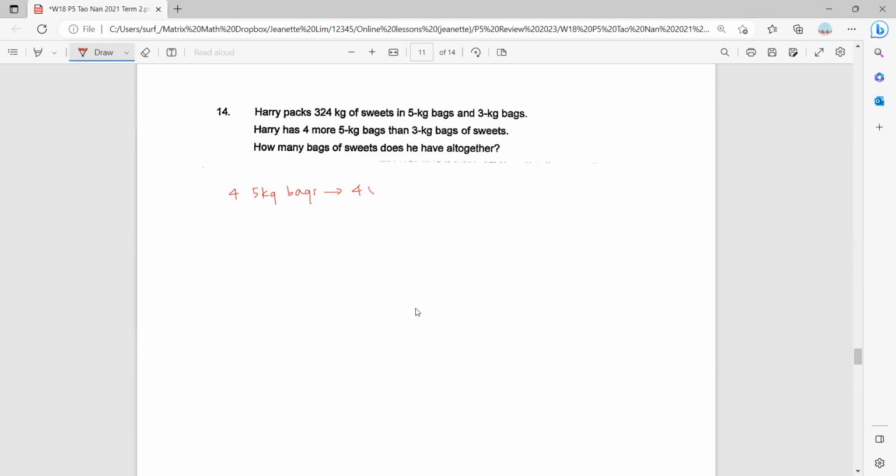So 4 times 5 kg, that is 20 kg. Now, if I were to remove this extra, the new total that I have will be 20 kg less, which is 304 kg.